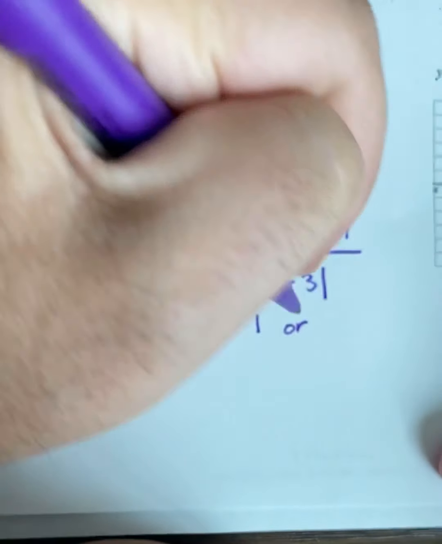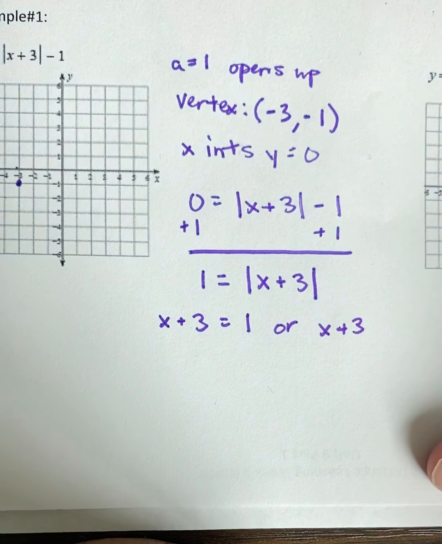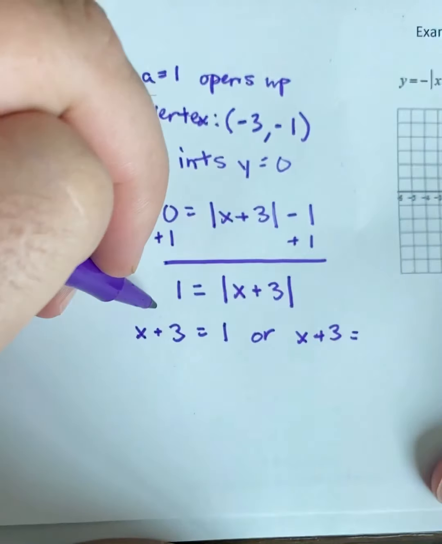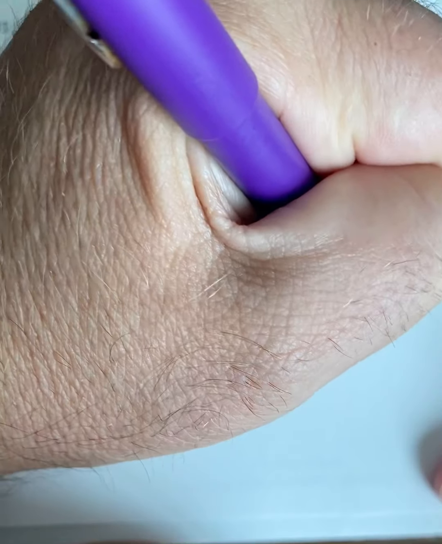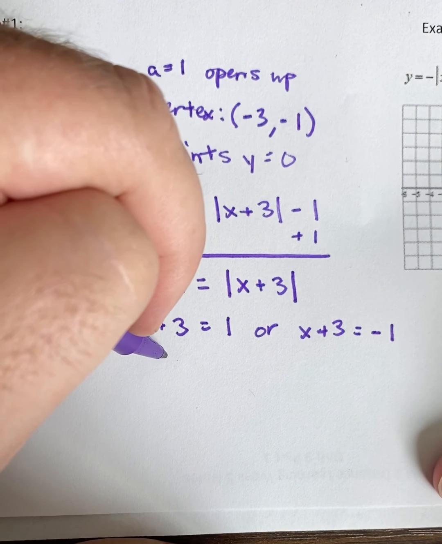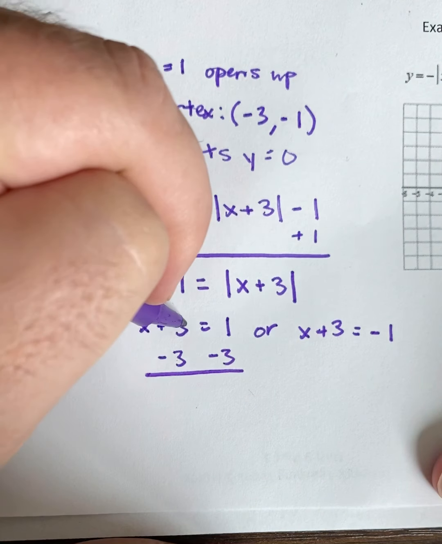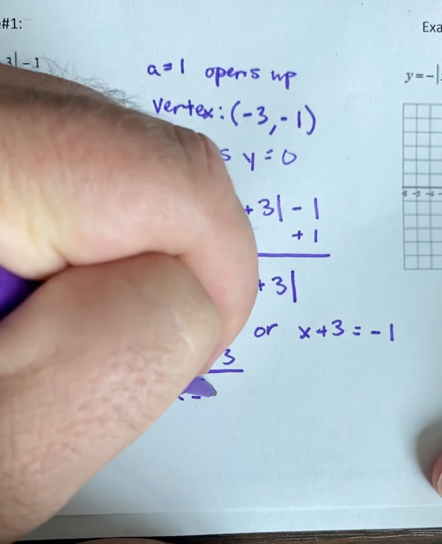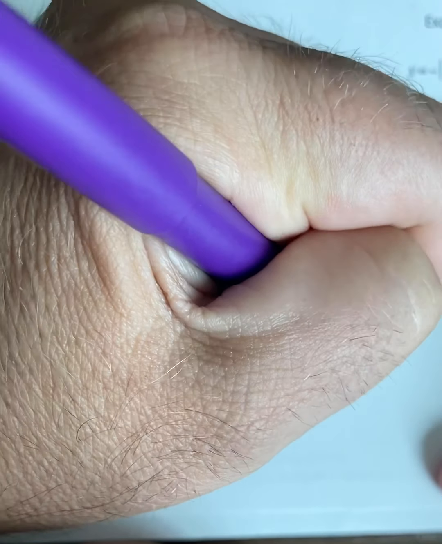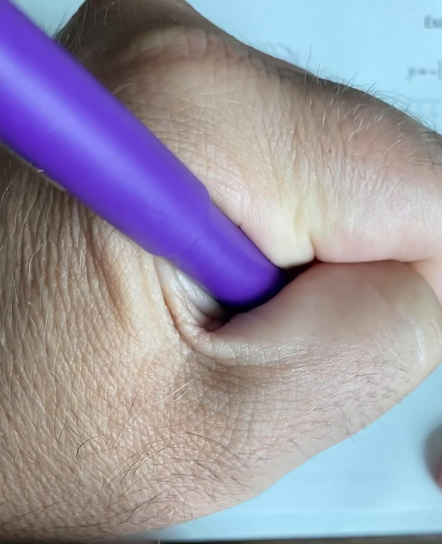Or x plus 3, we drop the sign again, but then we make the other side negative. So it was positive 1, so we make it negative 1. Then we're going to subtract 3 from both sides. We're going to have x equals negative 2 and x equals negative 4.